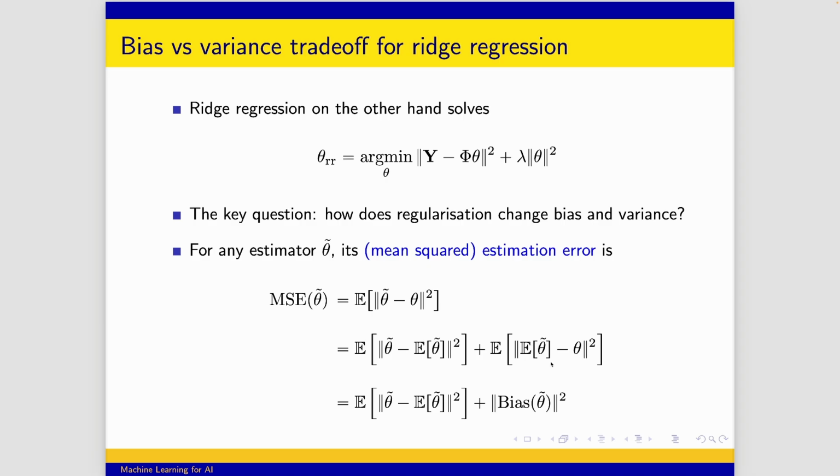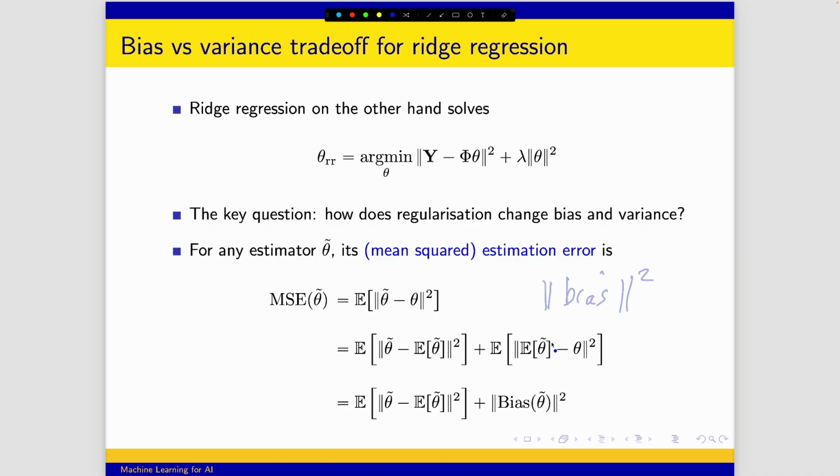This part here, the inside here, what do we have? We have the expected value of theta tilde minus the true value. And that's how we define the bias. So the inside of this norm is the bias. And so what we've got is the squared norm of the bias of theta tilde.